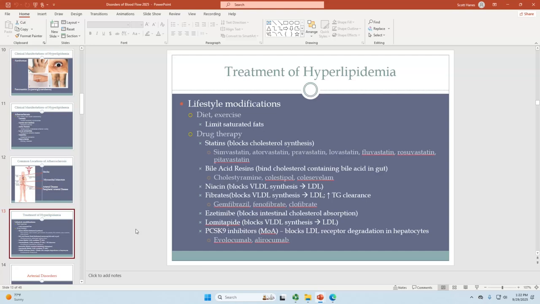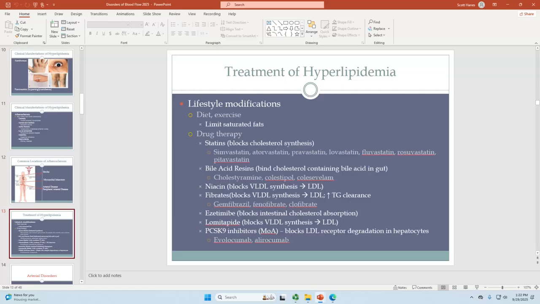And there's a variety of other medications that act in different ways. Bile acid resins, such as cholestyramine, for example, bind cholesterol in the gut, preventing it from being absorbed. Niacin and fibrates decrease the formation of LDL from VLDL, particularly useful in treating hypertriglyceridemia as well, particularly the fibrates.